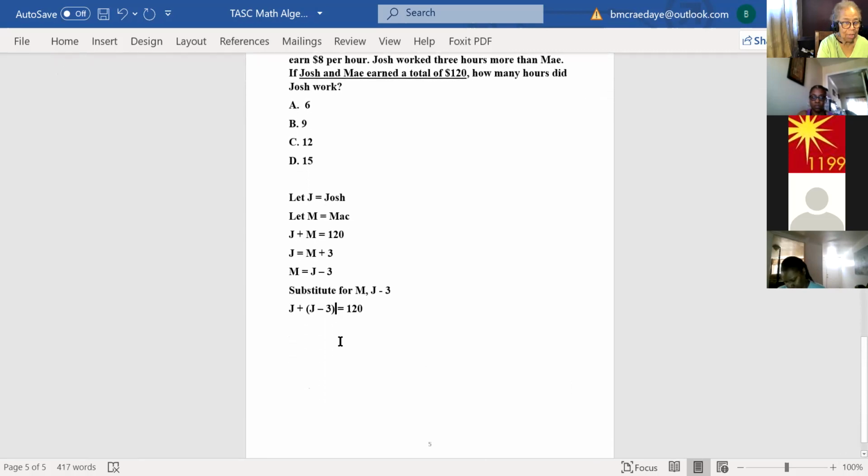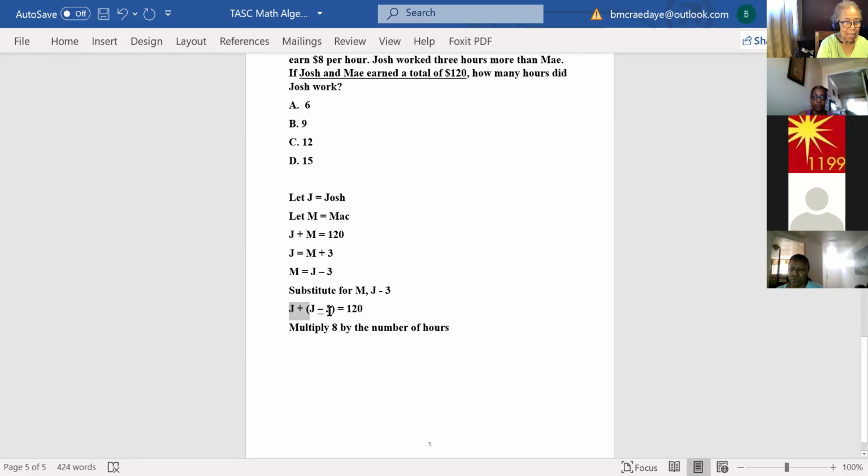Okay, so multiply the $8 by the number of hours. So that means you're going to multiply 8 times J and 8 times J minus 3, because you're translating this to the money. See, this is just the number of hours. So that's why we have to multiply 8 times J, because that's how much they're making per hour.